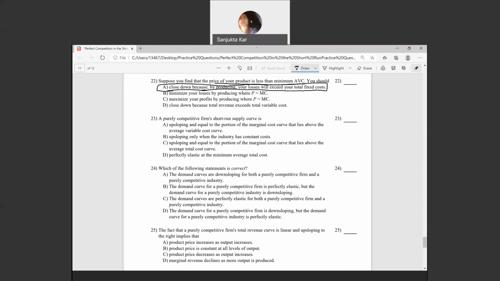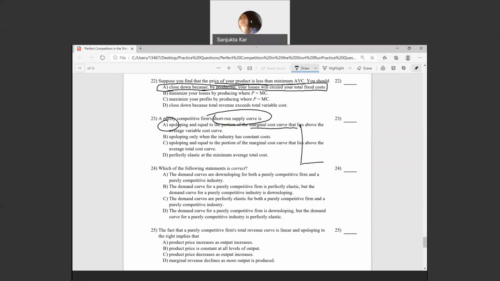All right, now take a look at question number 23 here. I know we did this kind of question before. The short run supply curve is upward sloping and equal to the portion of the marginal cost curve that is above the average variable cost curve.